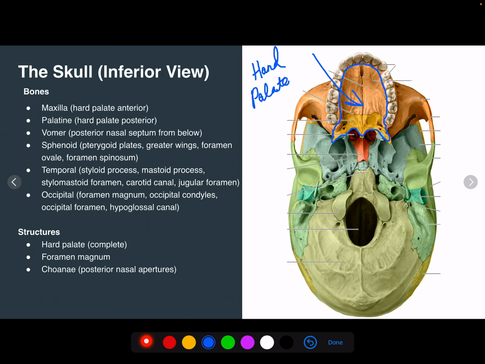Okay, and then just the last thing to point out, just posterior to the hard palate, we have our choanae. Our choanae are these bony openings bounded by the vomer, the palatine, and the sphenoid. Okay?